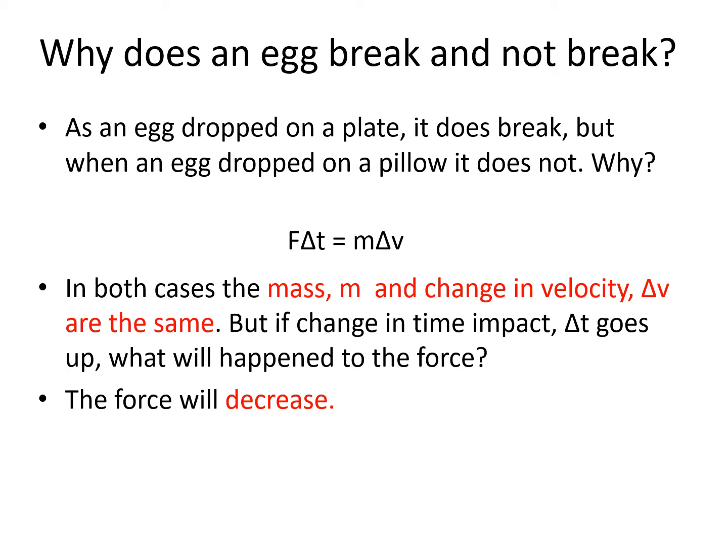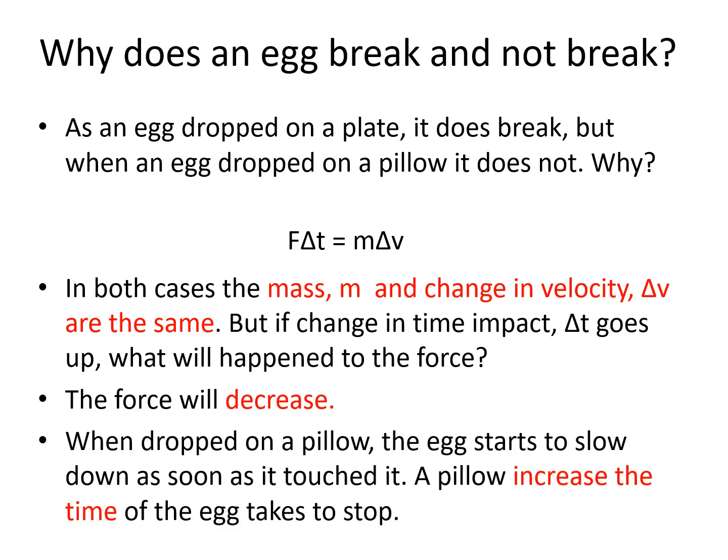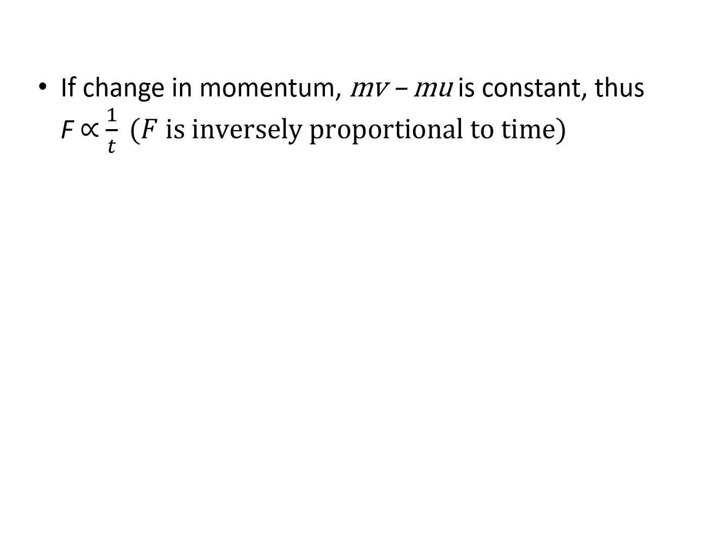Here, we can say that when an egg drops on a pillow, the egg starts to slow down as soon as it touches it. Thus, we can conclude that a pillow increases the time the egg takes to stop. In an easier way, when the change in momentum is constant, the force is inversely proportional to time.